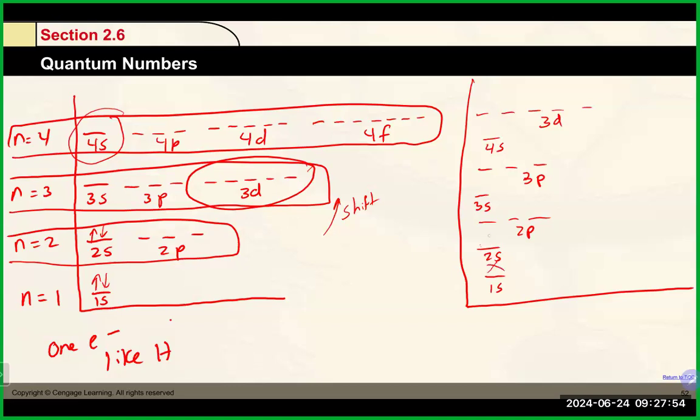They're going to come here first, then here, then here, then the 3p. And at that point, they will fill the s first and then the d. That pattern follows all the way up. The s's always get the electrons first, and then they go to the d. So there is this difference in the order of how the electrons go into the atom, and that's important for electron configuration.